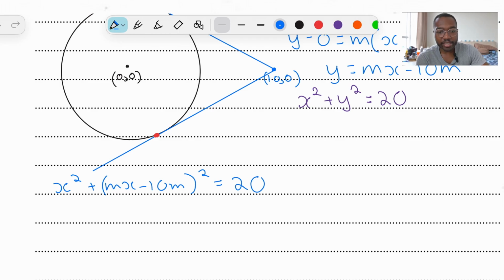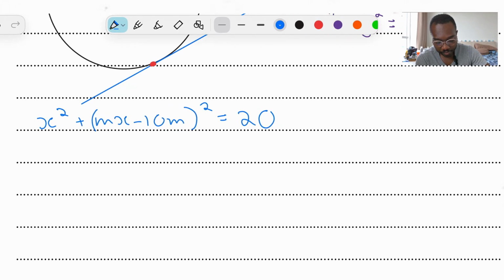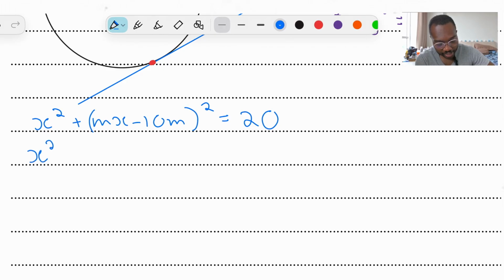Now we're going to expand the brackets out, and we should be left with some type of quadratic equation in terms of m. So let's do that. So we get x squared plus m squared x squared.